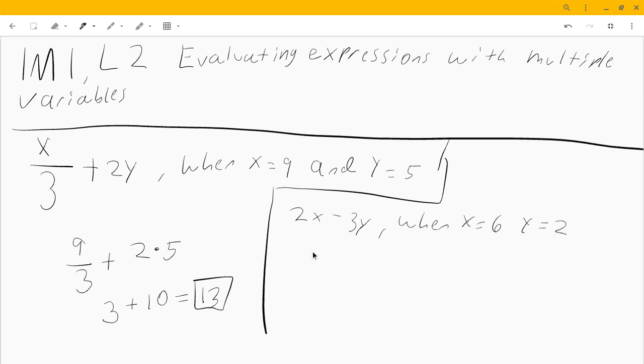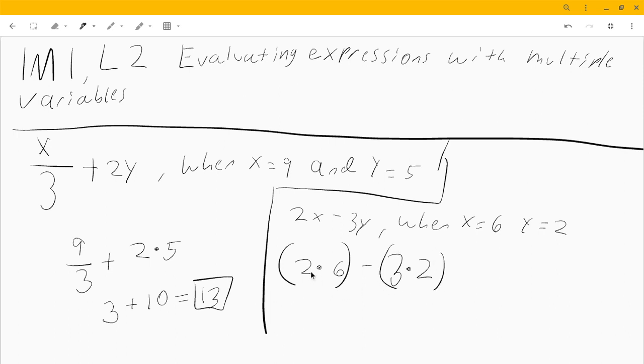So once again, we substitute. So we substitute x. Well, that's just 6. So we'll get 2 times 6, that in parentheses, minus, well, what's y? Y is 2. So we just subtract 3 times 2. Put that in parentheses.